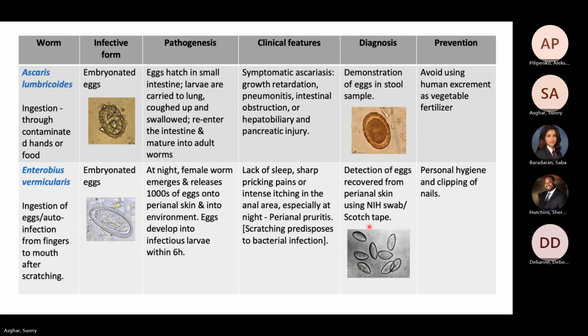So the buzzword for this is scotch tape, because this is very unique in the way that it's diagnosed. I highly recommend you remember the scotch tape. I think this is the only one that you will learn that has this scotch tape method.